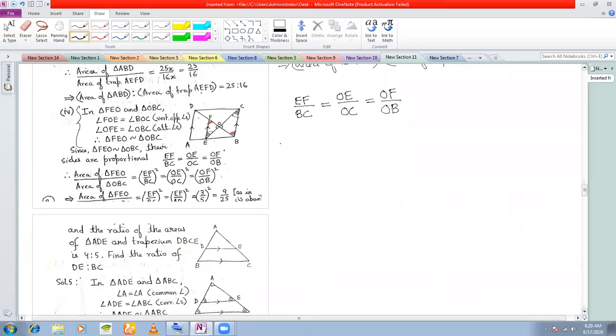Now we can write down the ratio of the areas. So therefore, area of triangle FEO divided by area of triangle OBC is equal to the square of the proportional sides.